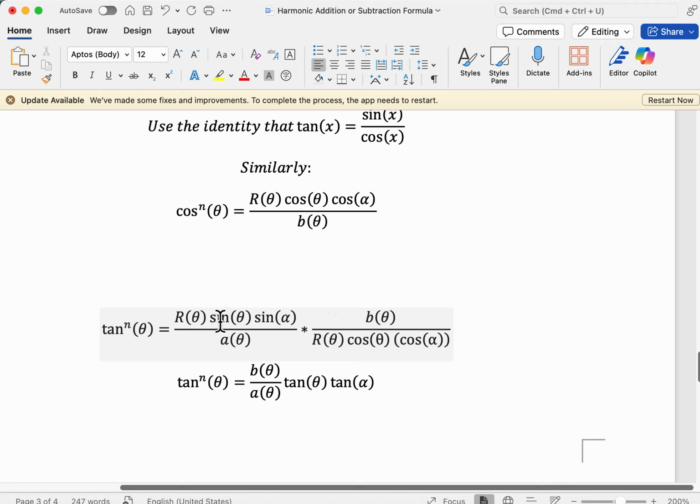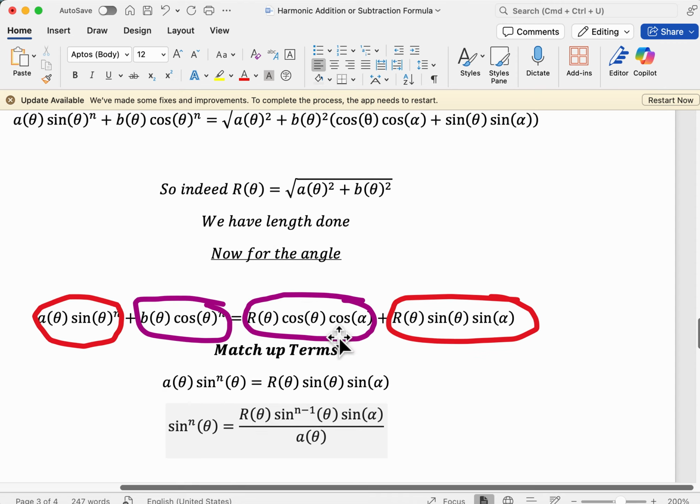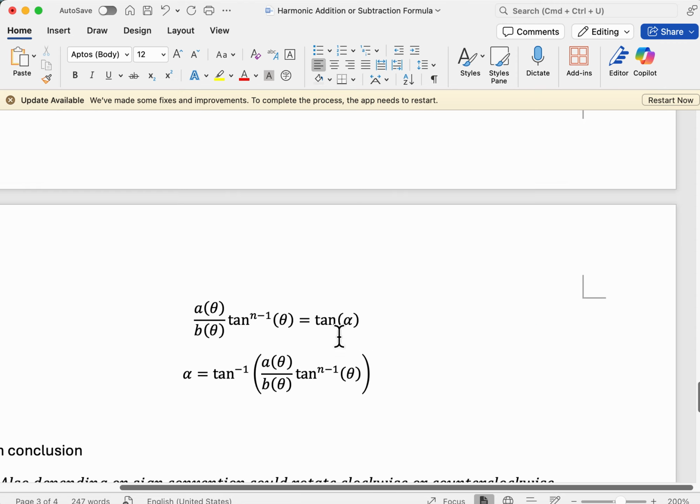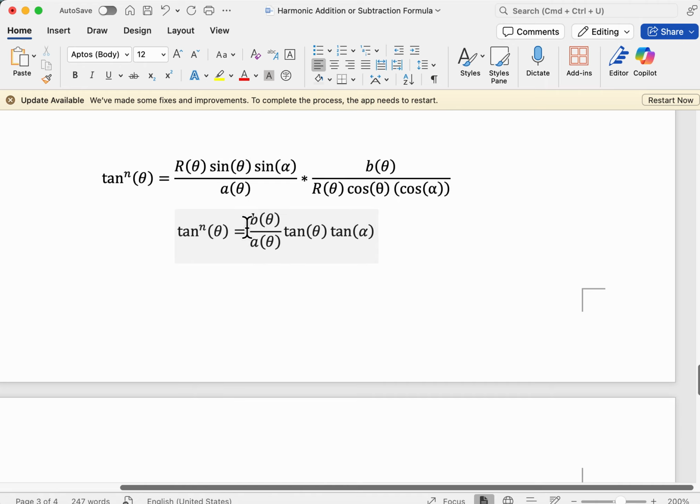And when matched up this way, you're going to get a single tangent of theta, a single tangent of alpha, and then you replug back in what your a of theta and b of theta are. Actually, no. a of theta and b of theta are given, so that's whatever function or input you put in there.